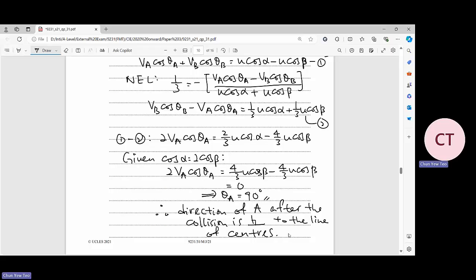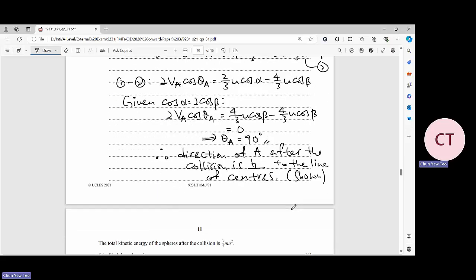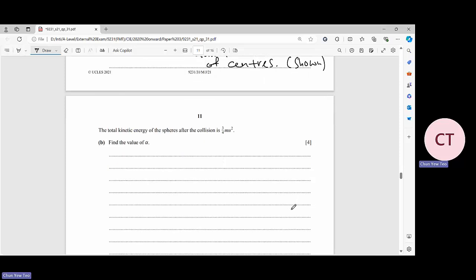Done. Shown. So this is how we show that the direction of A after the collision is perpendicular, 90 degrees, to the line of center. Okay, now we move on.